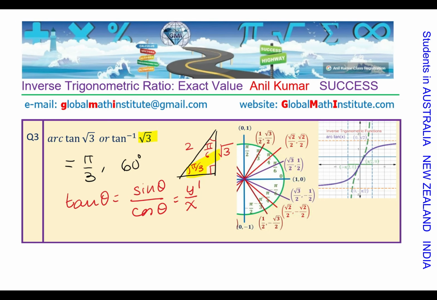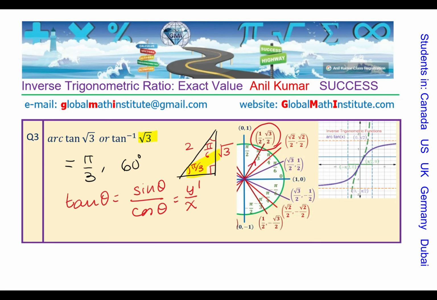So that means we are looking for this particular value. Do you understand? And the angle, as you can see, is 60 degrees. Makes sense? So for tan, you have to actually divide the y coordinate value with the x coordinate value to get the answer, right? Here you see the graph of tan. It is defined between minus pi by 2 to plus pi by 2, correct?